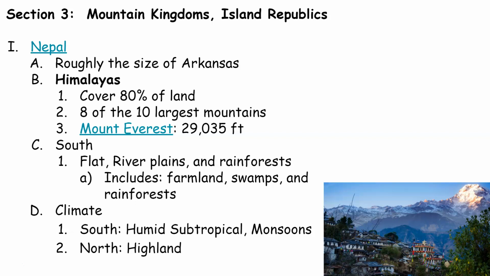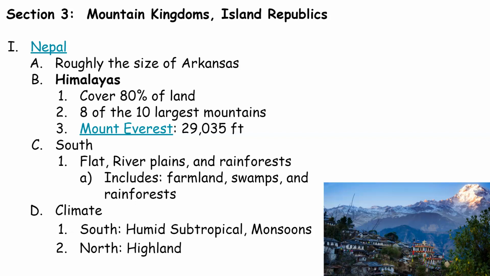And so when we look at the other parts of the physical geography like climate, it's kind of a tale of two halves. So in the south, you're going to experience more of that humid subtropical climate. So monsoons in the rainy season, and those winds and rains during that rainy season are very consistent with this region.